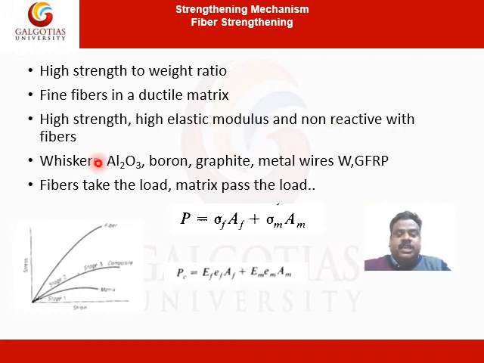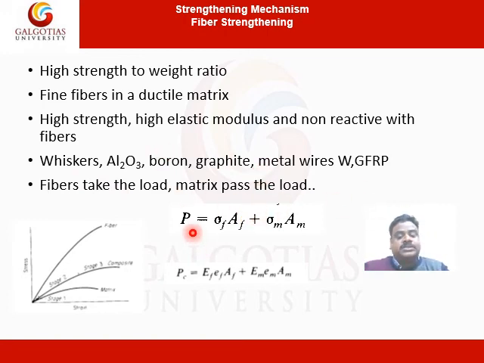Generally silicon carbide, alumina, boron, graphite, tungsten metal wires, glass fiber reinforced polymers are the examples of fibers. Like in concrete, the steel rod takes the load, like that here in composites, fibers take the load whereas the matrix passes on the load.